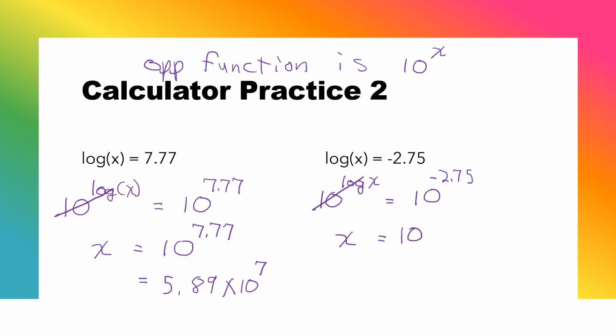So x is equal to 10 to the negative 2.75. And so typing that into my calculator, I've got 2.75, change the sign, and then hit second 10 to the x, and I get 1.78 times 10 to the negative 3. Again, practice with these and make sure you're able to solve for x and run it through your calculator correctly.